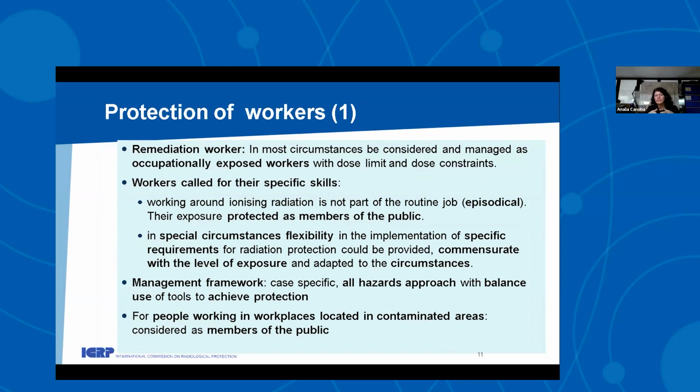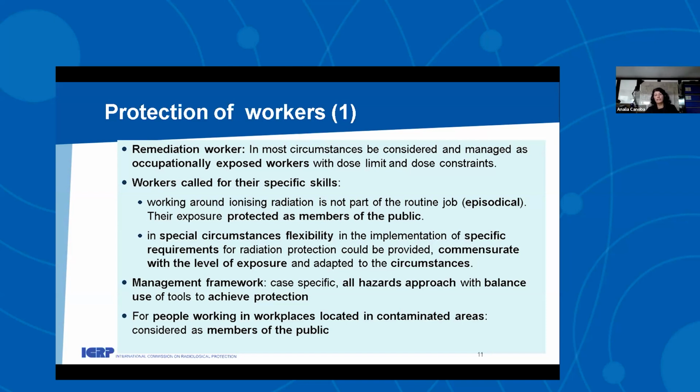ICRP also recognizes that in these sites, there are other types of workers that are exceptional or episodical, called for their specific skills, for example, an electrician or a civil engineer. So for these people, working in relation with ionizing radiation is not part of the routine job, it is episodical. So we recommend that these people be treated in the same line as members of the public.